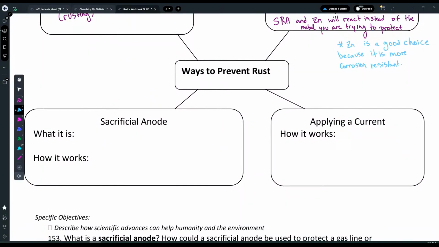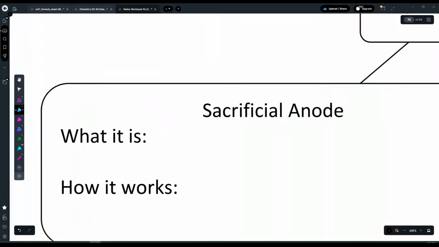The third way in which we can prevent rust is through using sacrificial anodes. So what that is just a metal that you're using to protect a more valuable metal from rusting or corrosion.